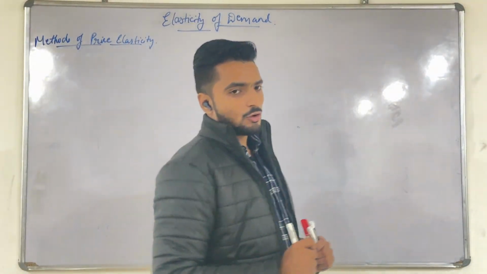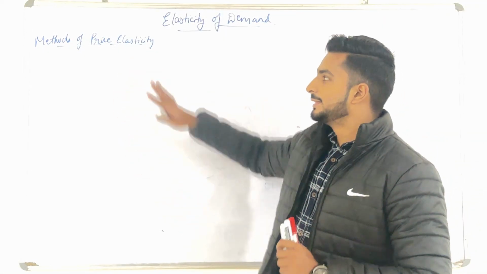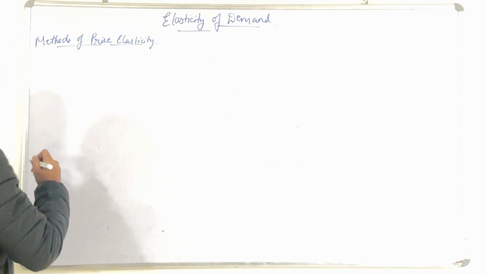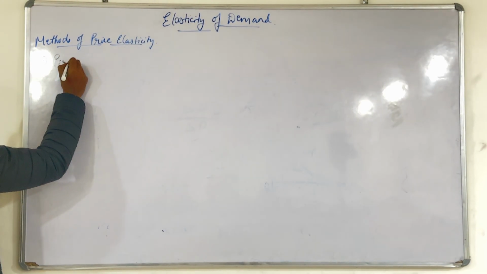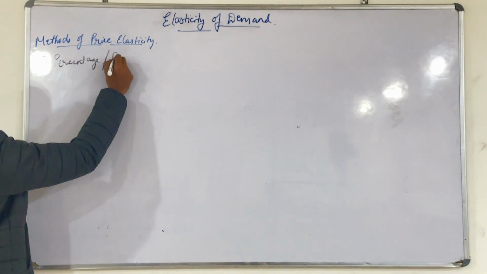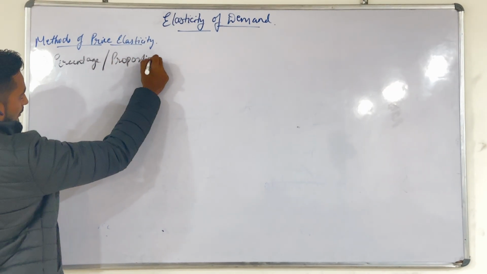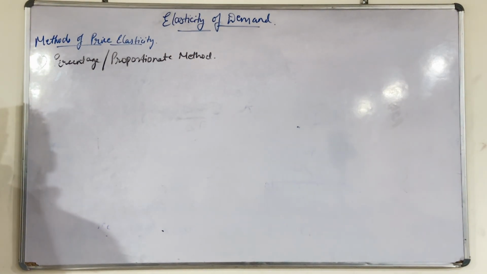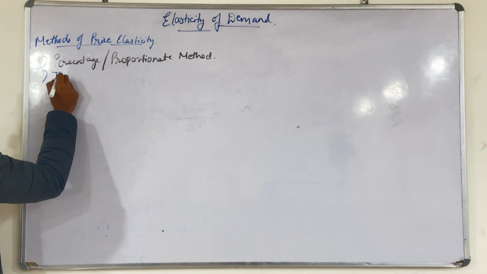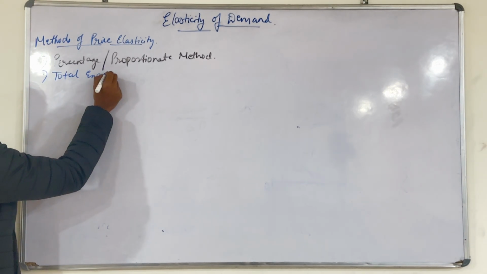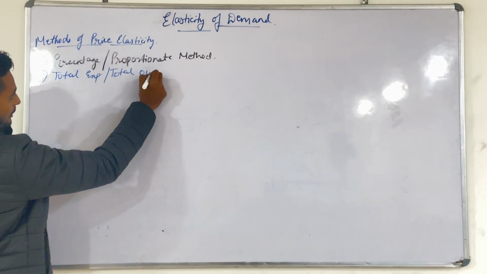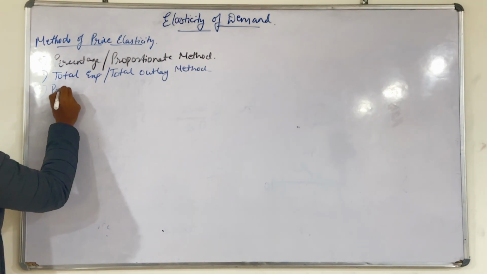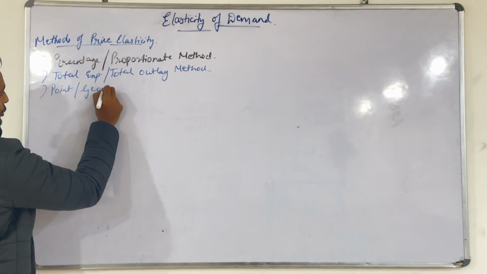Now, next topic of elasticity of demand is methods of price elasticity. How many methods of price elasticity are there? There are three methods: percentage, or proportionate method, total expenditure or total outlay method, and the last one is point or geometric method.